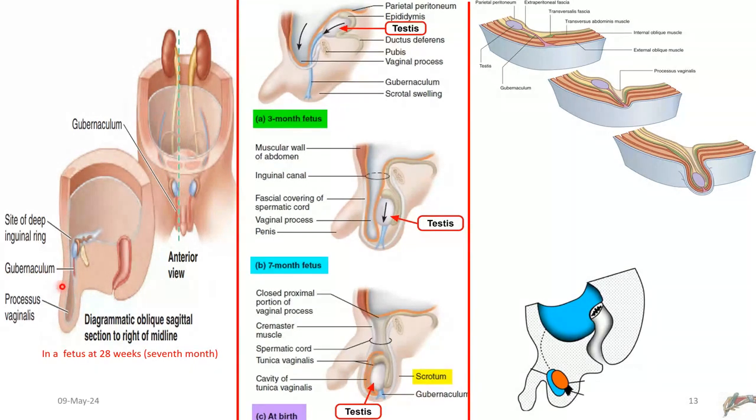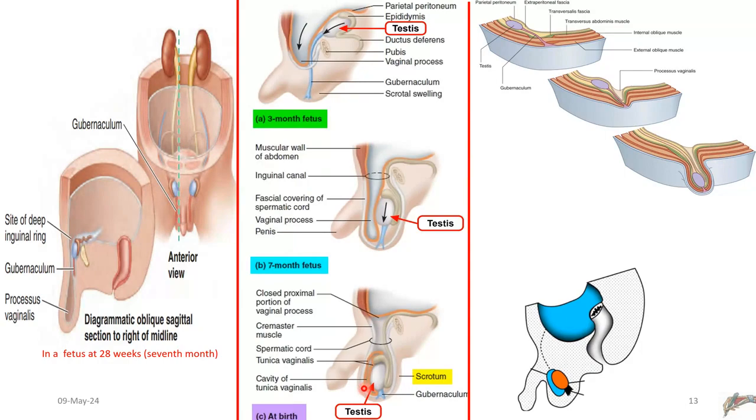This extension of parietal peritoneum that you see here is going to disappear. The upper, or proximal, part is going to obliterate, but the distal part is going to remain.